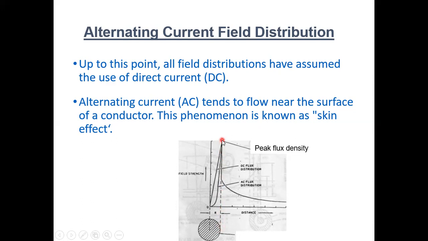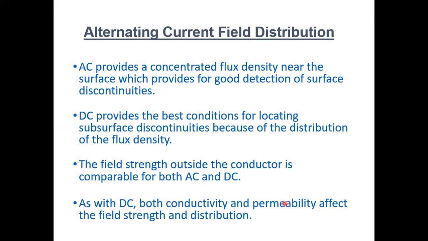On the OD. In both cases, AC or DC, maximum field strength is on the OD only. And outside the conductor, there is only one graph for both currents. So outside the conductor, the field strength remains the same for AC and DC.